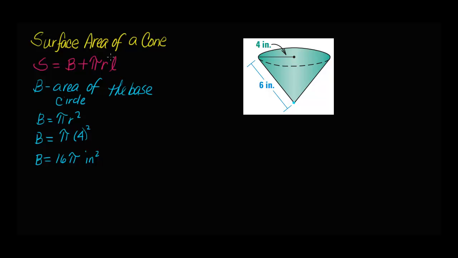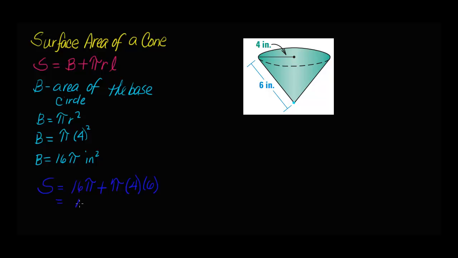Now I'm going to look for this part of the formula, which is pi r times L. We have L, so L is 6. We can just find the surface area. The surface area for this cone is equal to B, which is 16 pi, plus pi times R. R we said is 4 inches because that is the radius, and L, which is the slant height, times 6.